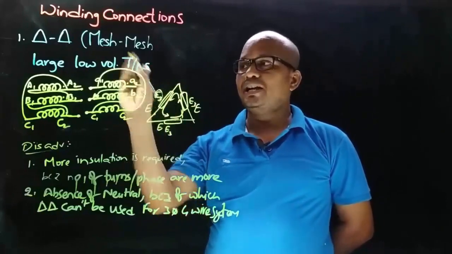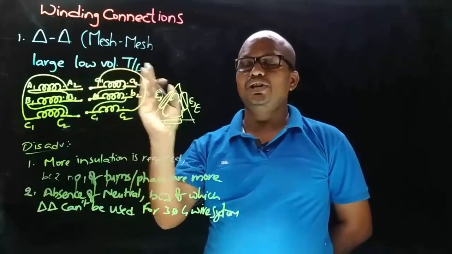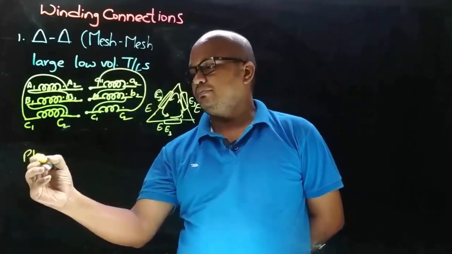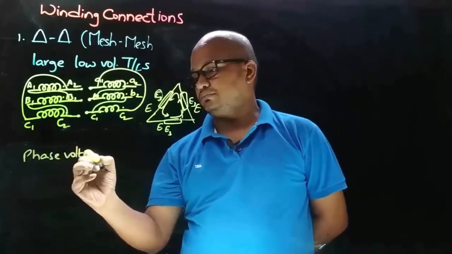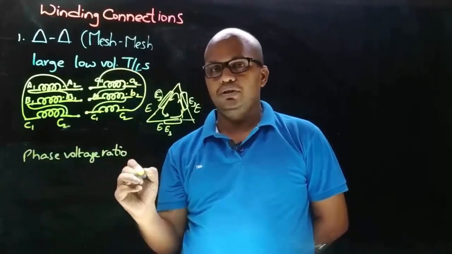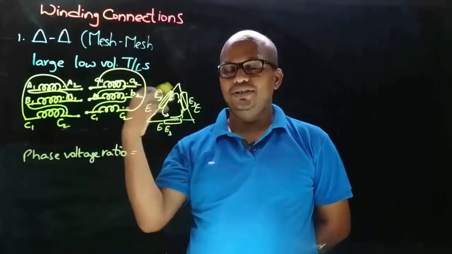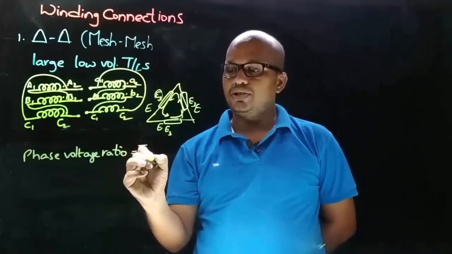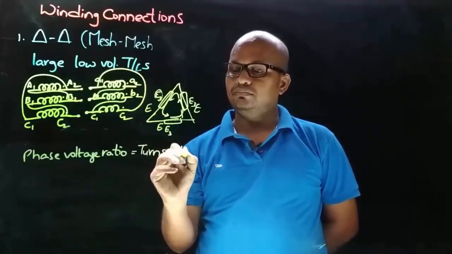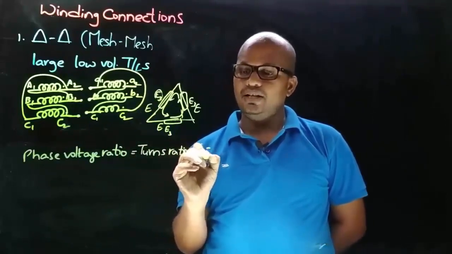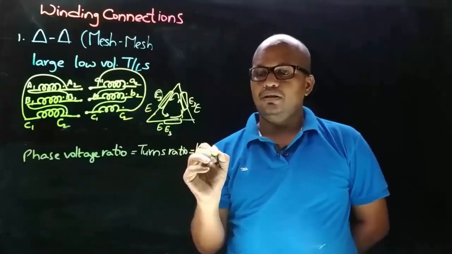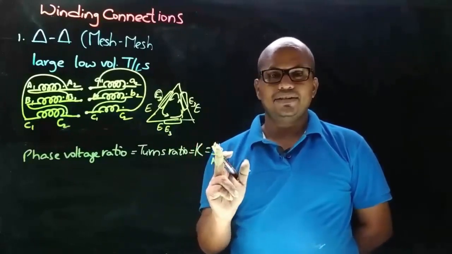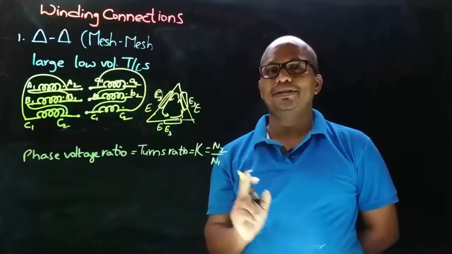The application of delta delta connection is for large low voltage transformers where insulation is not a problem. Now let's discuss the phase voltage ratio, which is the same as that of the single phase transformer, and which can be taken as equal to the turns ratio, represented with K, equal to N2 by N1, where N2 represents the secondary side turns and N1 represents the primary side turns.